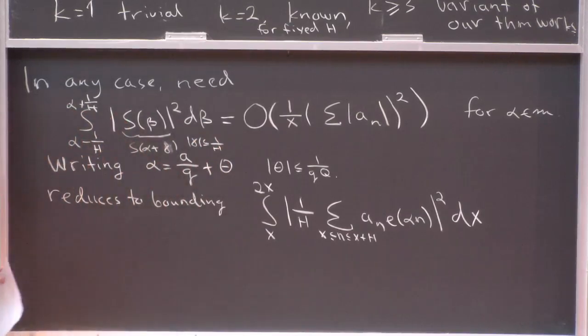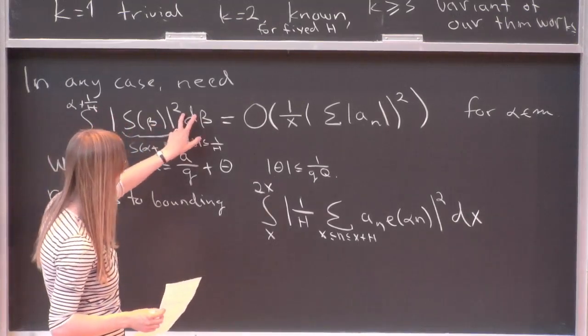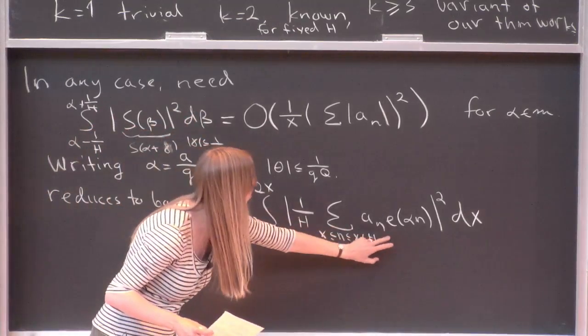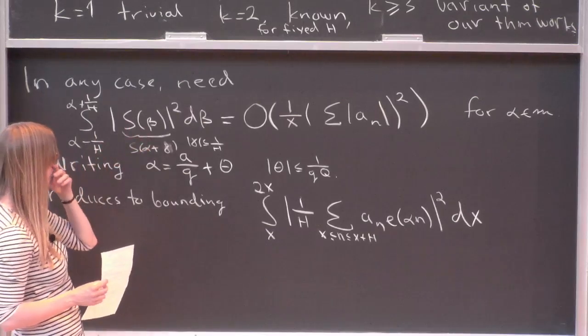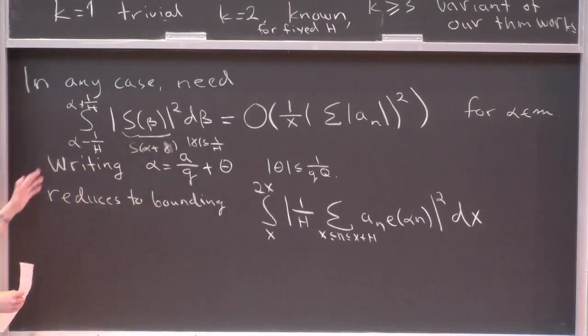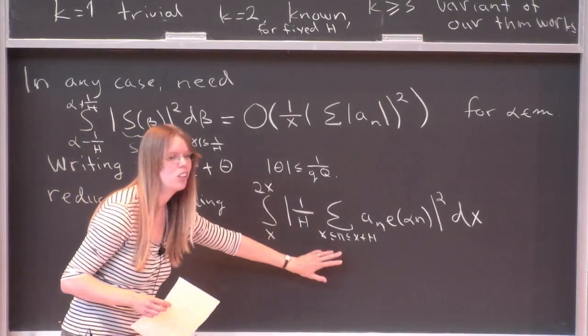But this Gallagher lemma, which is based on Fourier inversion, just has a few lines to prove that this left-hand side corresponds to this thing here, based on these exponential sums being constant on intervals of length h. But anyway, just believe me, then I say that it's enough to understand this thing here.